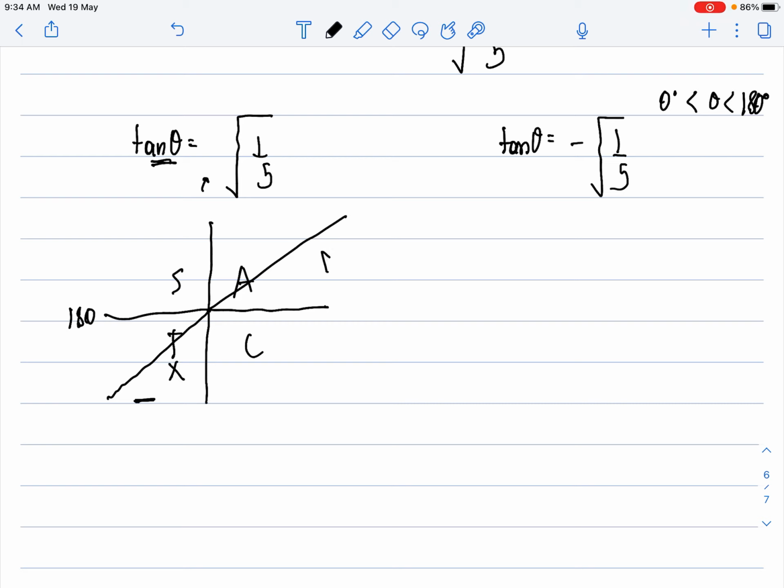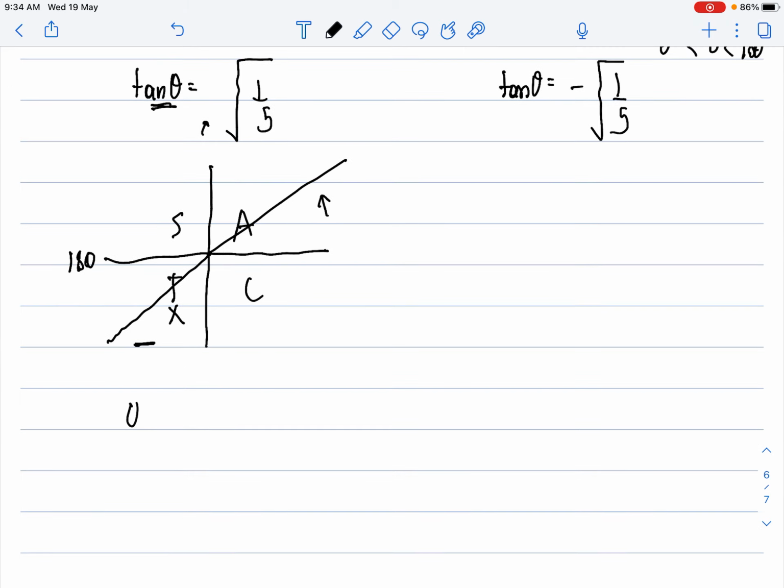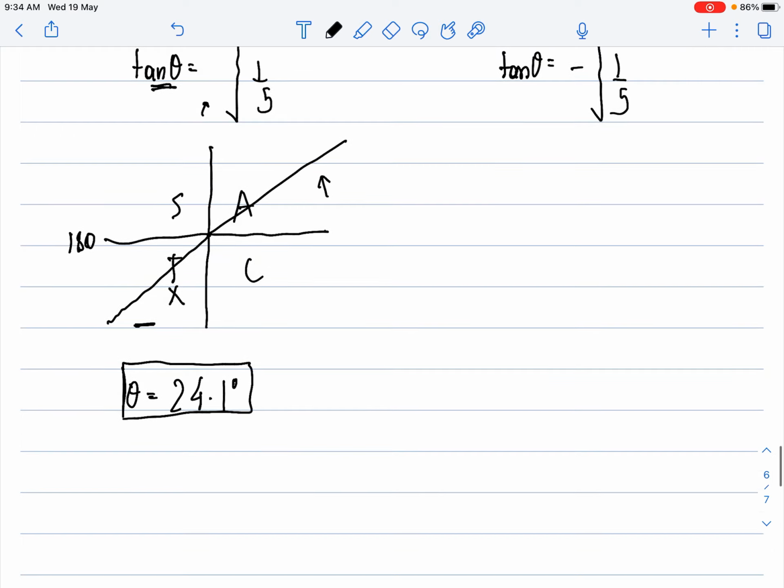So I need my answer in the first quadrant. Make sure you are on the degree mode and do tan inverse of root 1 over 5. When you do that, you get your answer as theta equals to 24.1 degrees. Correct? This is what you get.